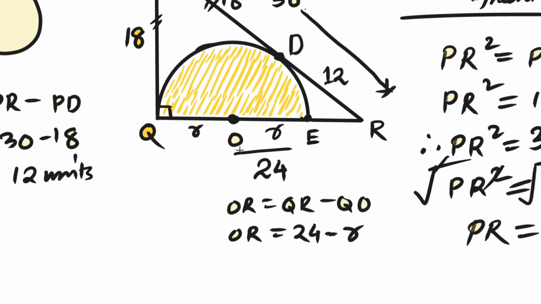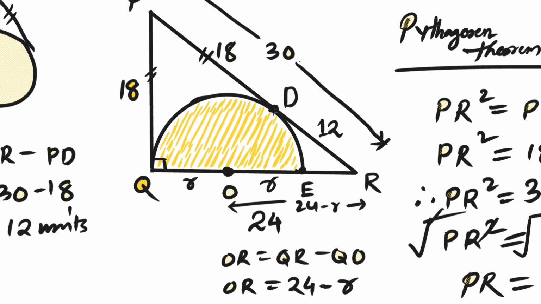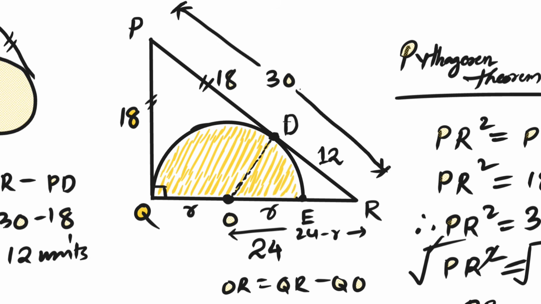Now we need one more useful right triangle. Connect the center O to the point of tangency D. The segment OD is a radius of the semicircle, so OD equals r. Because PR is tangent to the semicircle at D, the radius OD must be perpendicular to the tangent line PR. Therefore, angle ODR is 90 degrees.